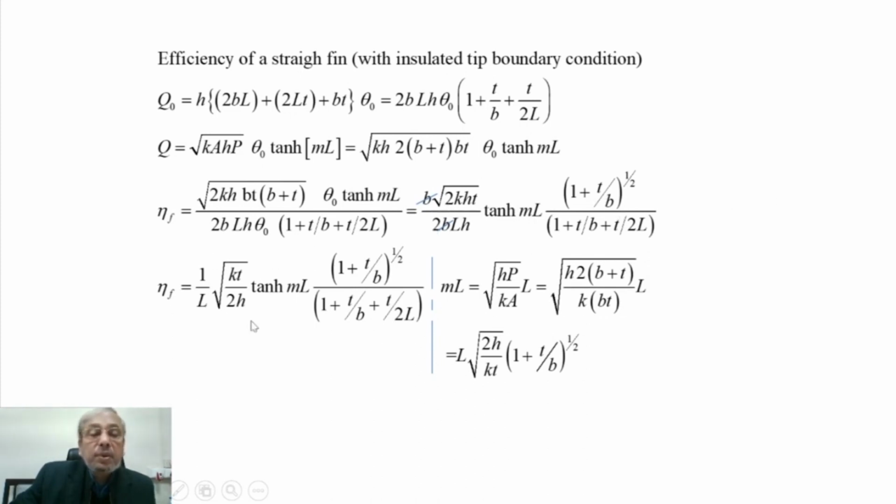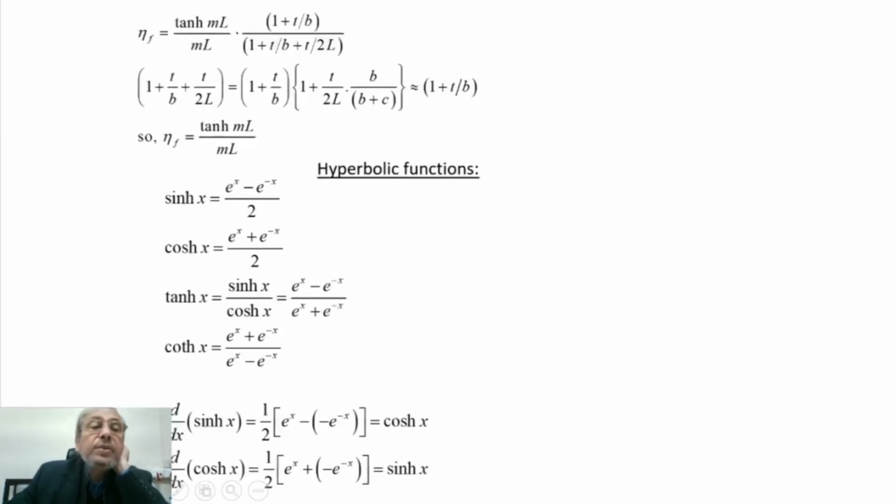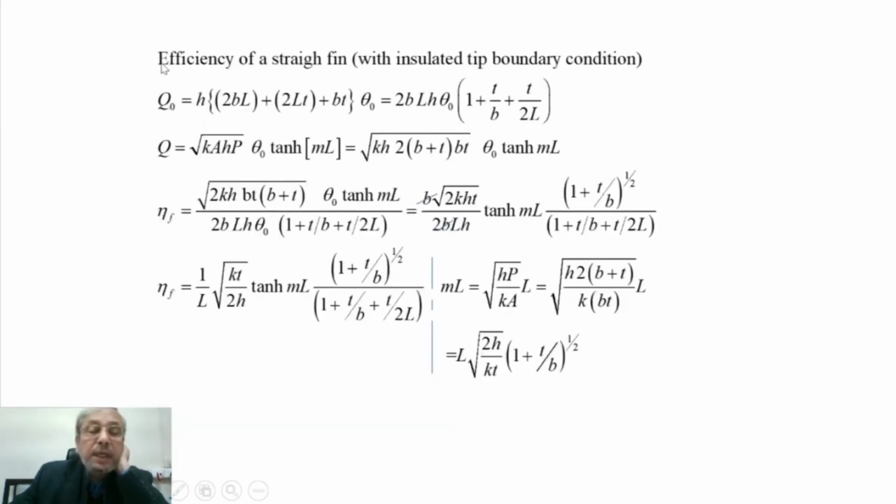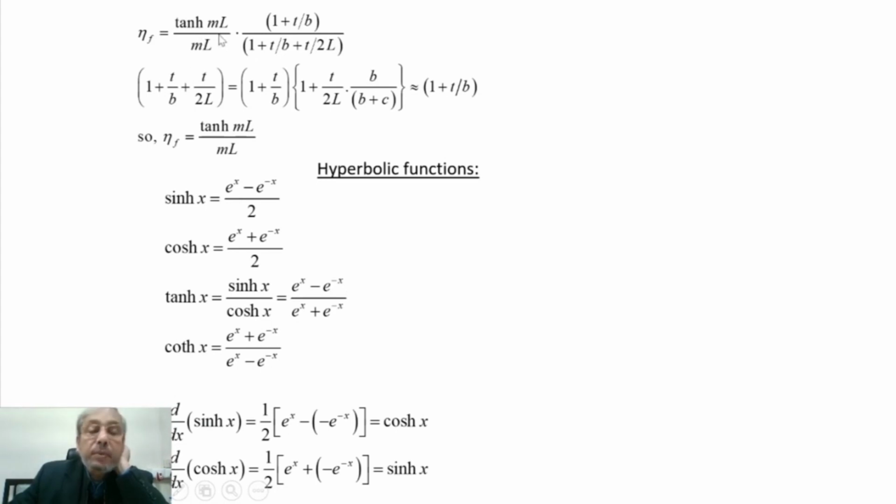You just have to do some simple algebra and cancel out the common terms, and we will get the expression as this. Now this can be further reduced. Here we can write this as eta f equal to tanh ml into all these remaining terms, which are basically tanh ml.